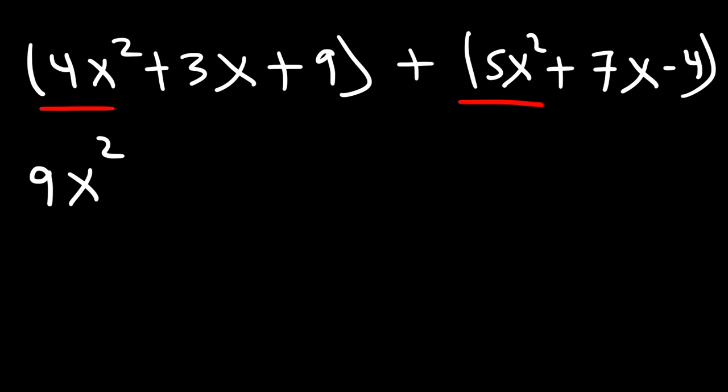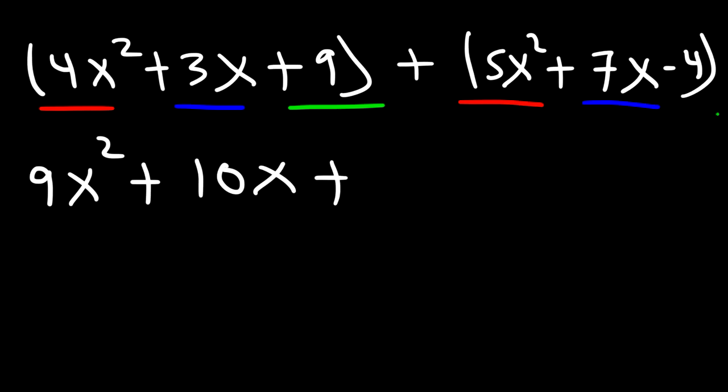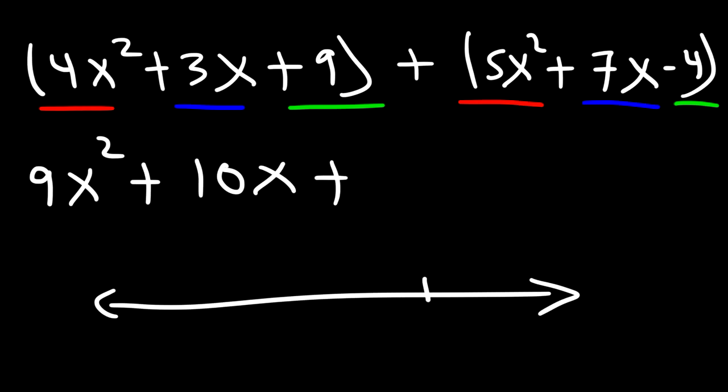Now let's move on. The next two like terms that we can combine are 3x and 7x. 3x plus 7x, or 3 plus 7, that's 10, and then just carry over the x. Now the last two things that we can add are 9 and negative 4. 9 plus negative 4, if we use a number line, let's start with 9.